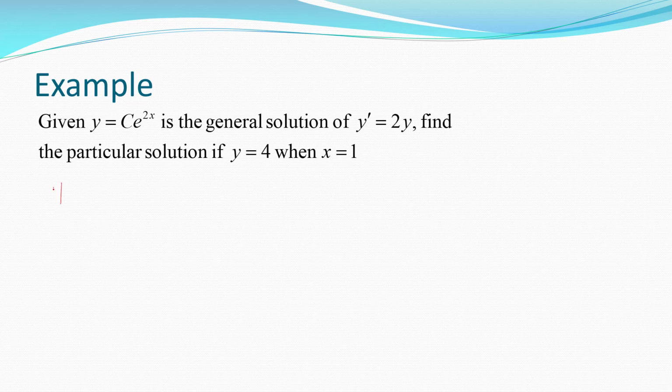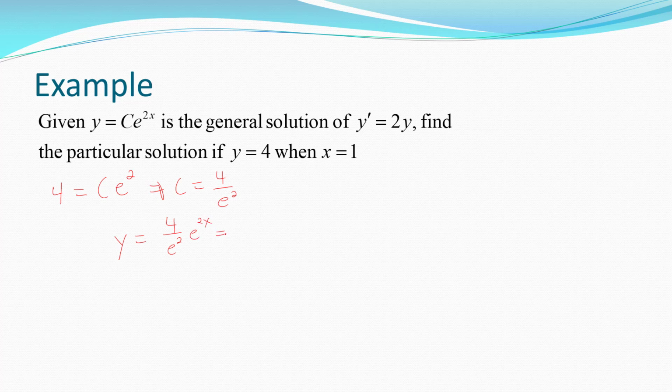So y is 4, which equals c times e to the 2 times 1, that's e squared. That means c would have to be 4 over e squared. So my solution is y equals 4 over e squared times e to the 2x.